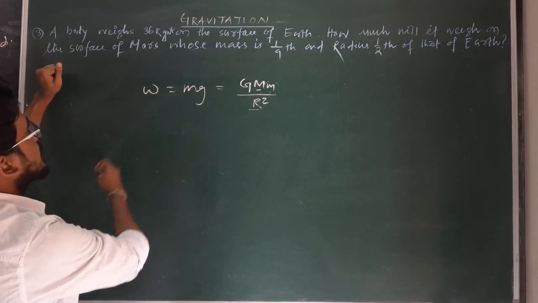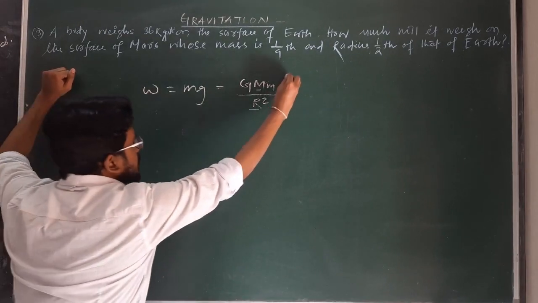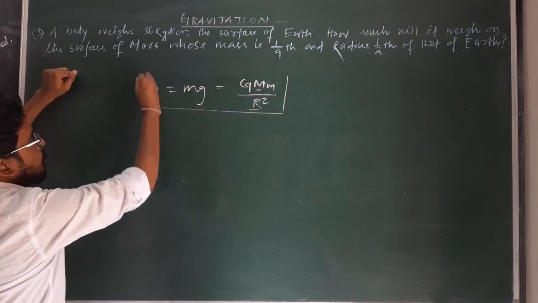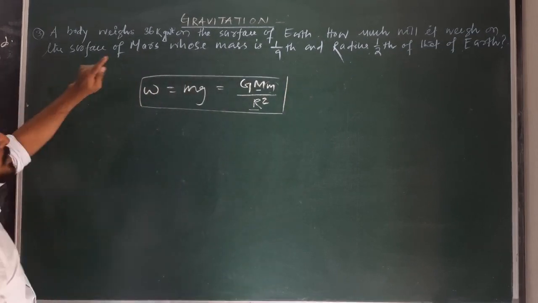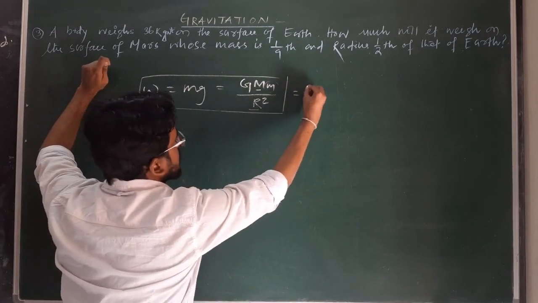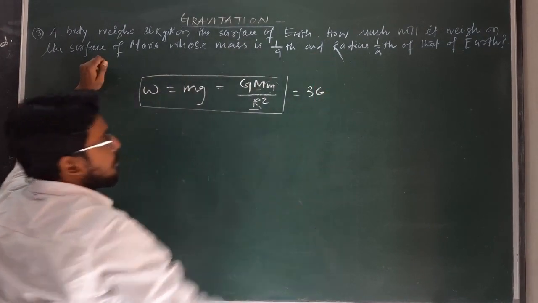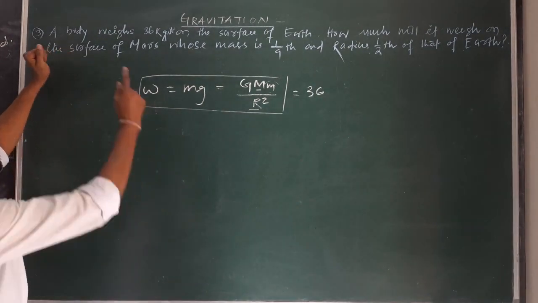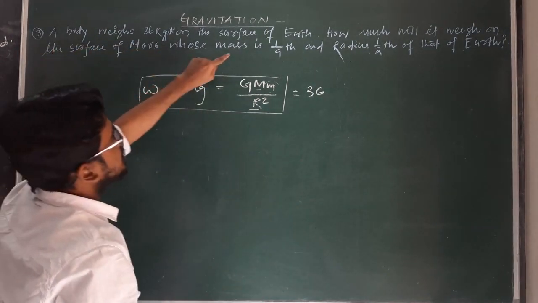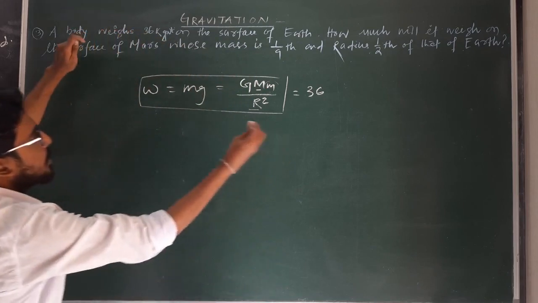So this is the expression for the weight of the body on the surface of earth, which is given as 36.